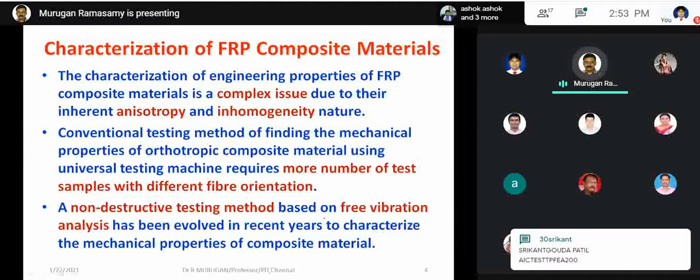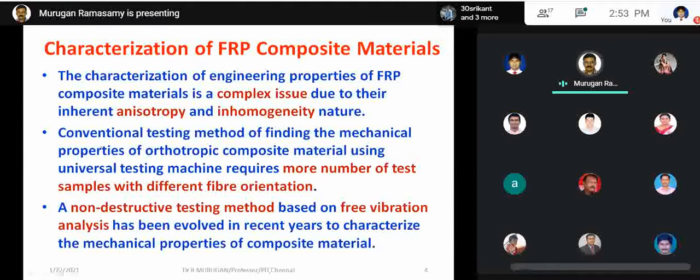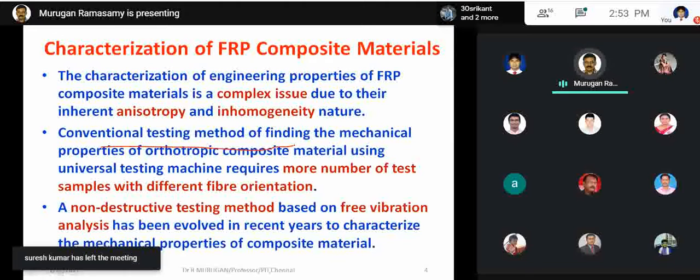In this case, people use conventional testing methods also to find the elastic constants, but for anisotropic material we have to do many testing methods. Even then, the results we get for one FRP composite, for one batch of material, will not hold good for others, right?